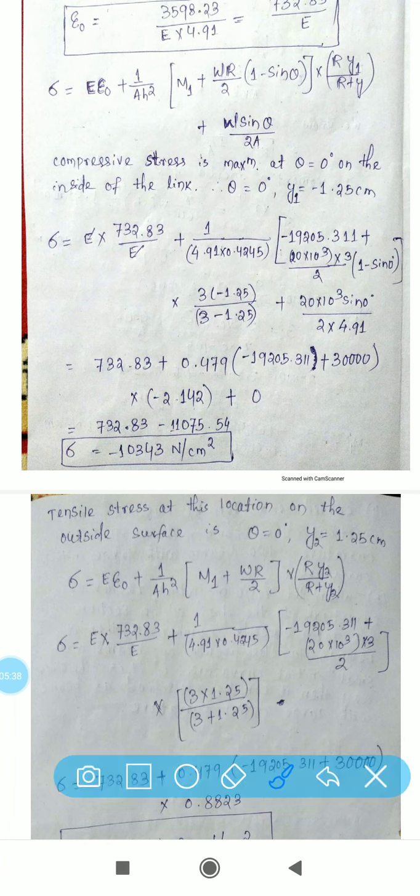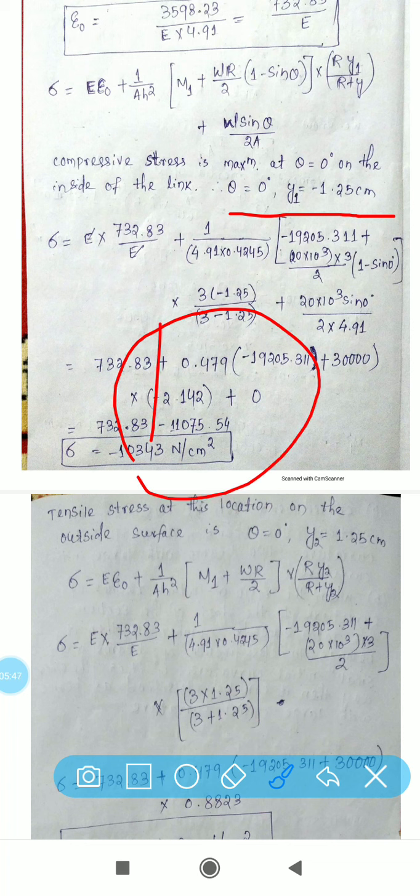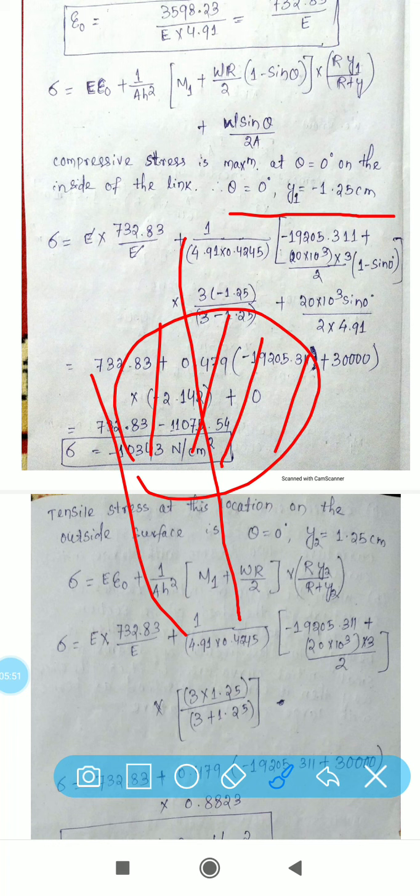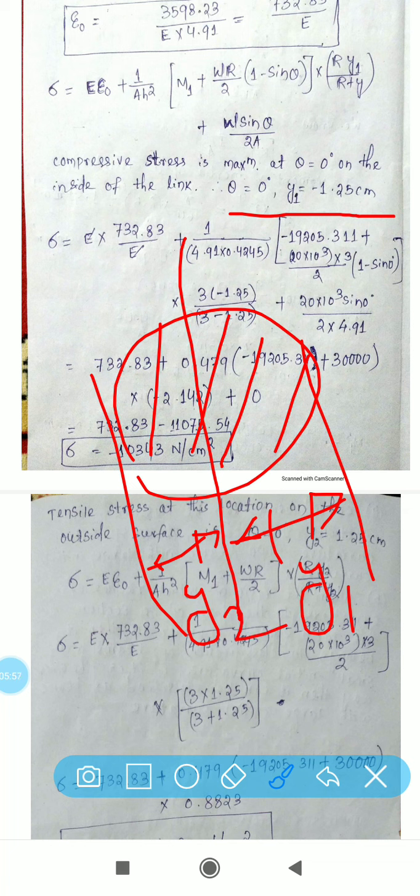So at 0 degree, y1 is equal to minus 1.25 centimeters. Y1 and y2: this is your circular cross section, this is your centroidal axis, here is y1 and this is your y2. So y1 is minus 1.25 centimeter.